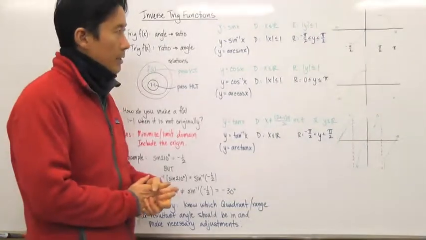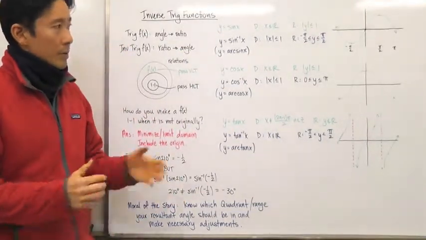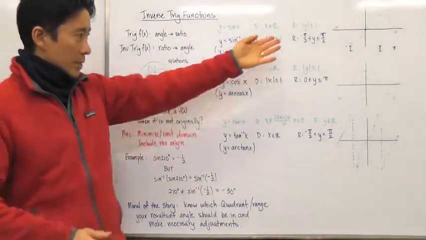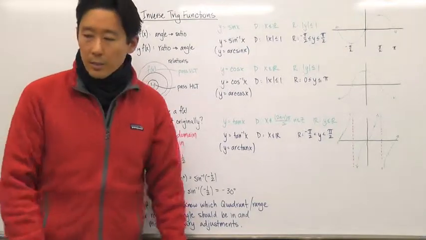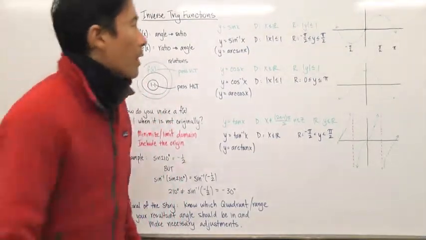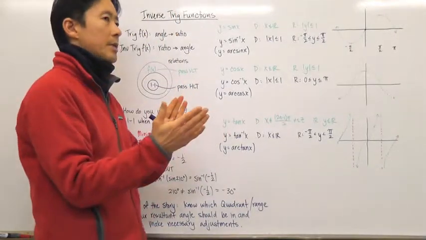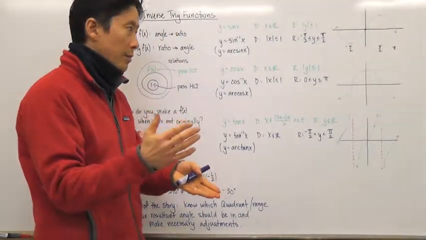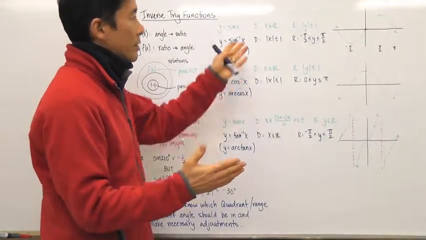So when we take a look at, say for example, sine of x, if we want to make this particular non-one-to-one function a one-to-one function, we need to limit the domain. In order to do that, we need to be very precise about making sure to include all of the range values, and at the same time making the domain as small as possible for sine.